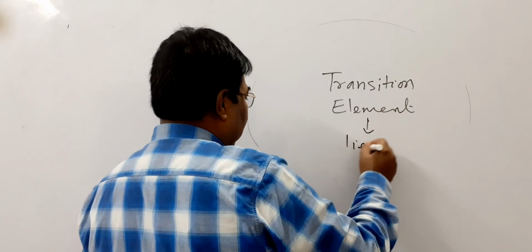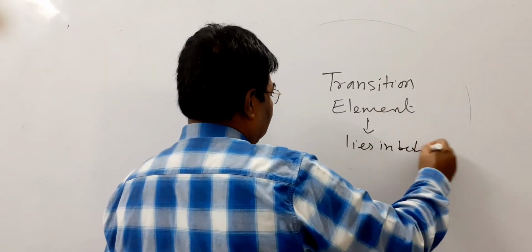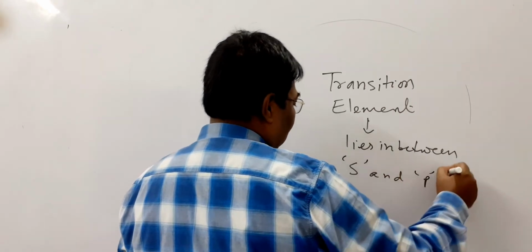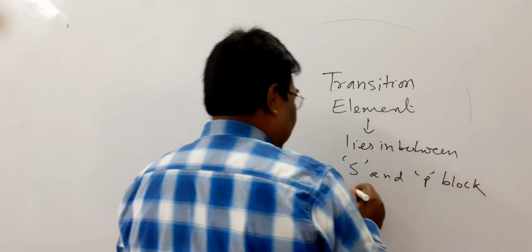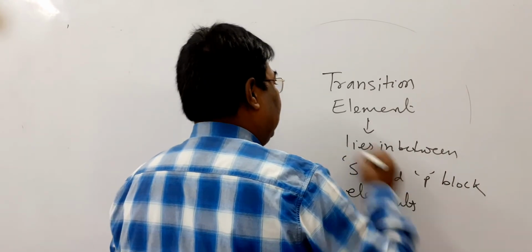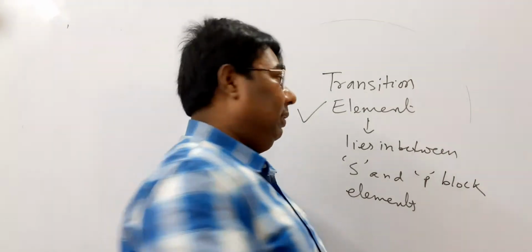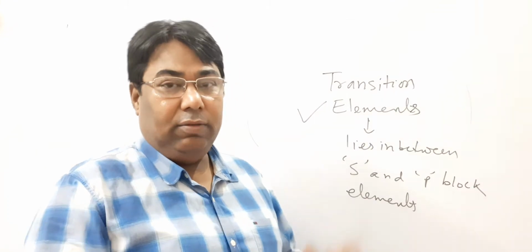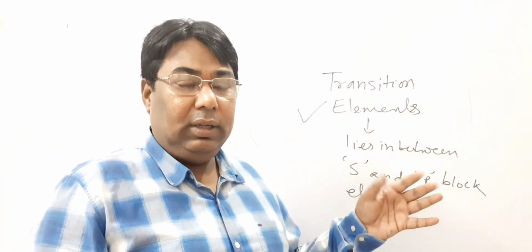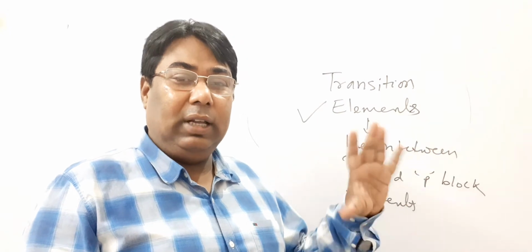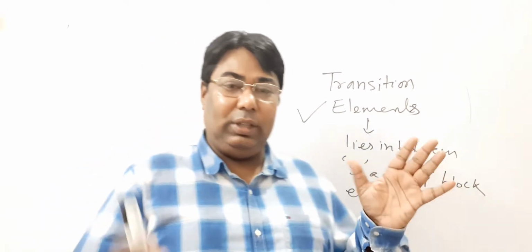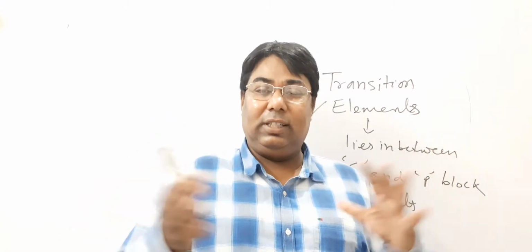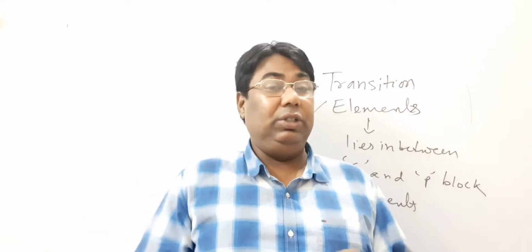Because they lie in between s and p block elements. Hence they are said to be transition elements, which is very important. Because they lie between s and p blocks, they have transitional or intermediate properties between s and p block. Therefore, they are known as transition elements.